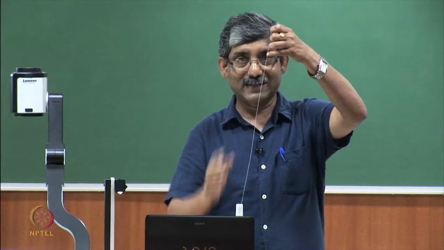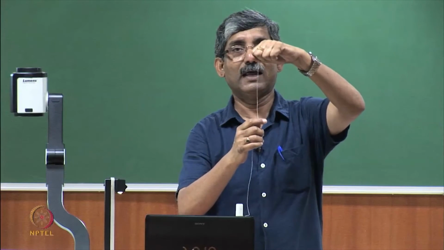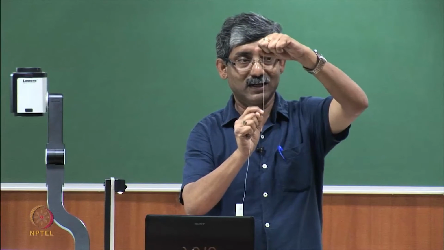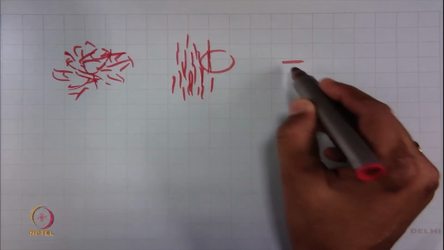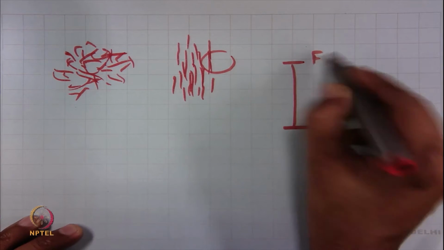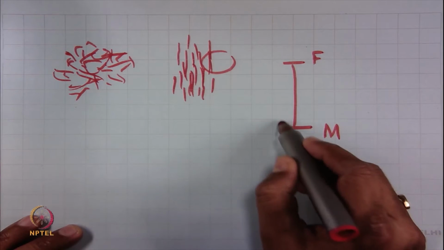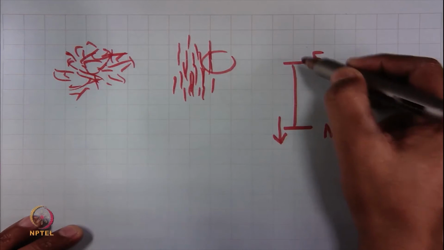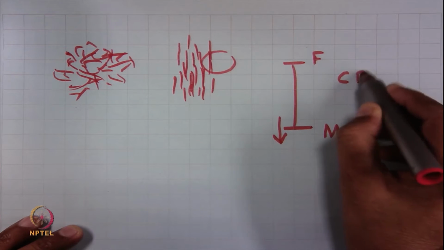Suppose I am trying to test the tensile testing. This is the fixed jaw, and this one is the moving jaw, and if this moving jaw moves at a constant rate, that means elongation will be at constant rate. So, this will be constant rate of elongation.